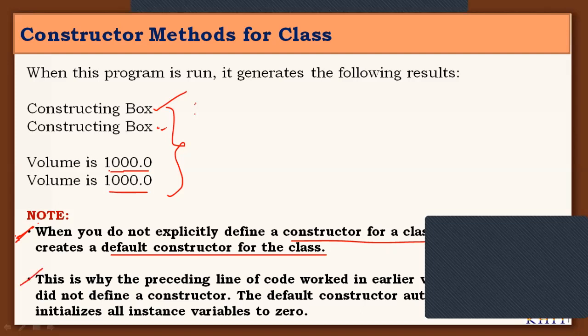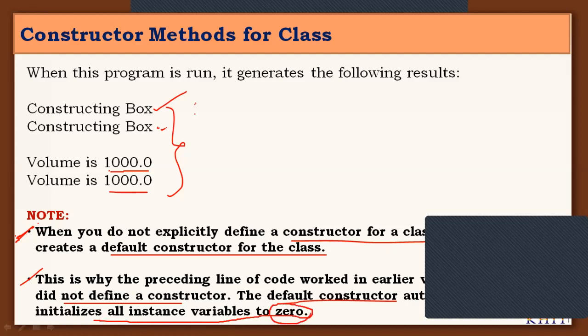Next one. This is why the preceding line of code worked in earlier versions of Box that didn't define a constructor. In this Box example program we have created a constructor, but in the previous programs of the Box class, to understand the concepts of classes and objects in the previous video, we didn't create any constructor. Then the Java compiler creates a default constructor automatically and initializes all instance variables to 0.